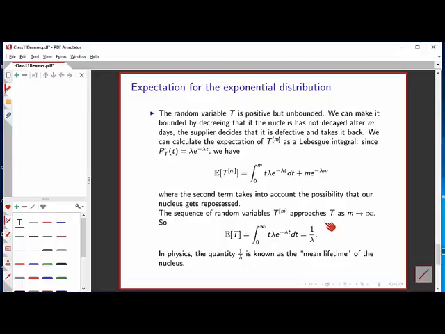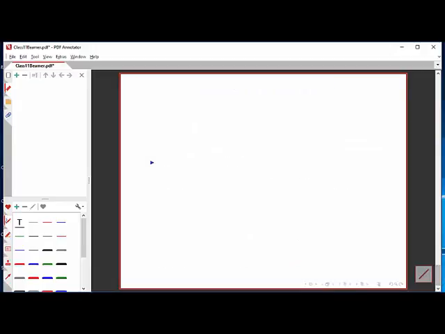Really, the only interesting thing here is that it is possible to truncate this random variable, and as in earlier examples, it's actually a bit harder to calculate the expectation for the random variable Tm than it is for t. When we actually do the calculation, evaluating an improper integral is the way to go.